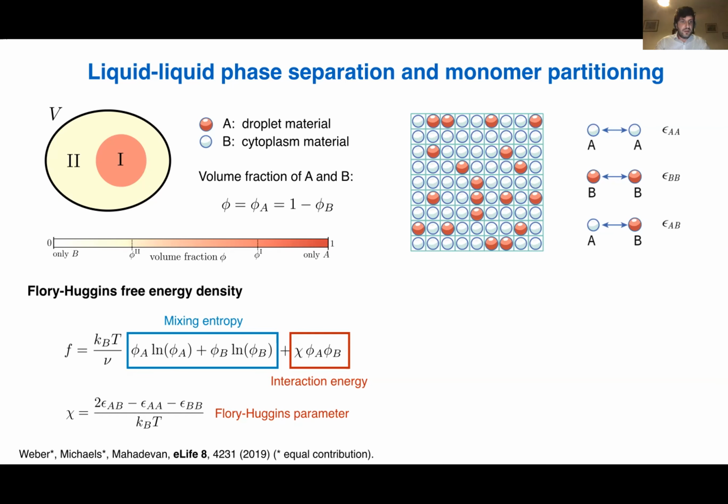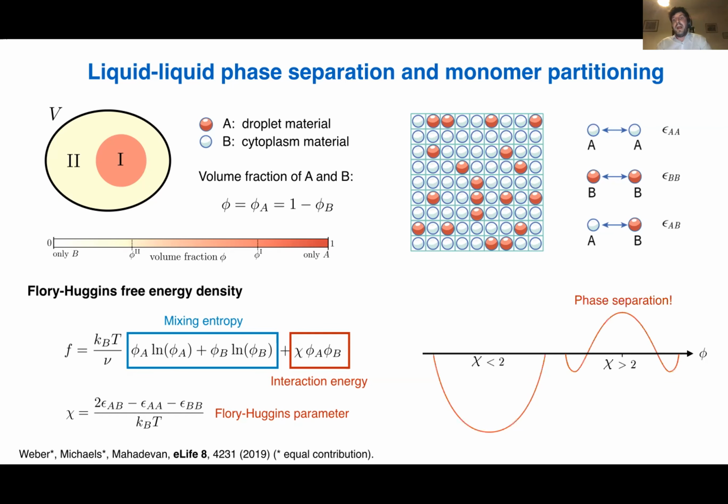And so if this interaction parameter is small, you will see that the free energy is convex, and so the mixed solution is stable. But if you increase this parameter above a certain threshold, then you have a part of the free energy that is no longer convex, but is concave, and that is a sign of instability, and so that means that the system is going to phase separate.